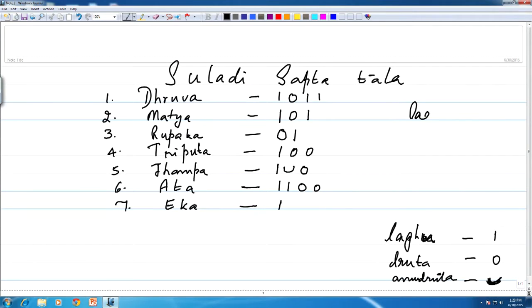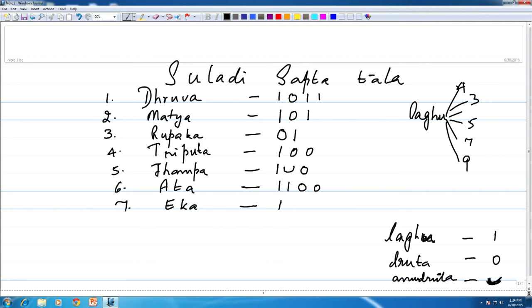So a laghu could be a count of 4, 3, 5, 7 or 9, though usually we say 4 first and then 3. That is how it is. And these are what are called jatis.